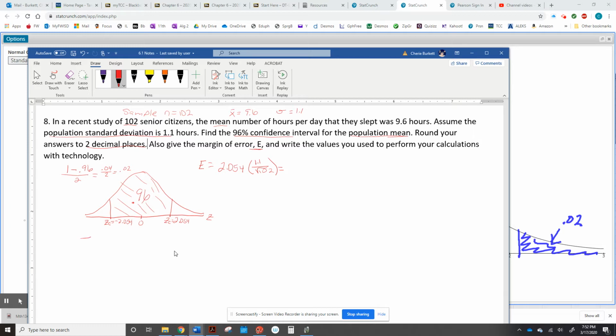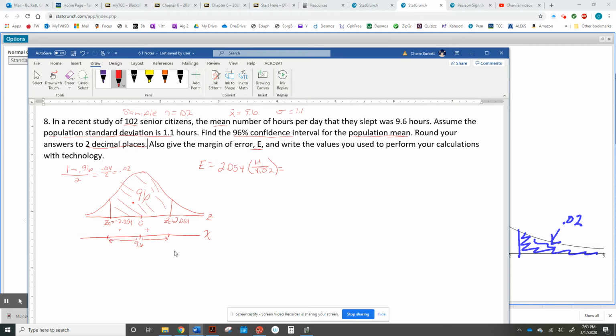And then for your x-axis, your mean is 9.6, and we're looking for this number and this number, and we're going to find it by adding our margin of error, and then by subtracting our margin of error. So this distance right here that we're finding, that's the margin of error.